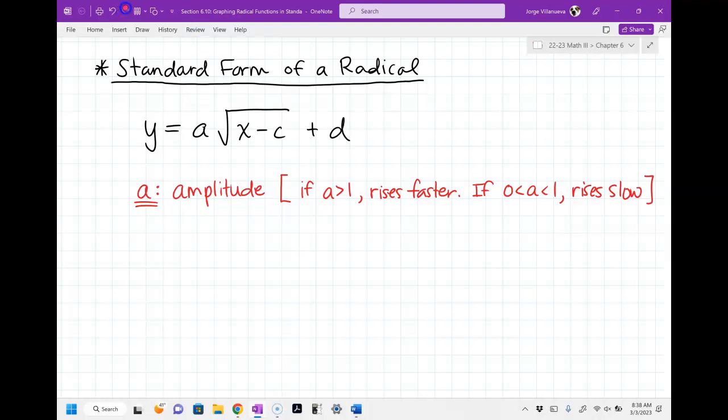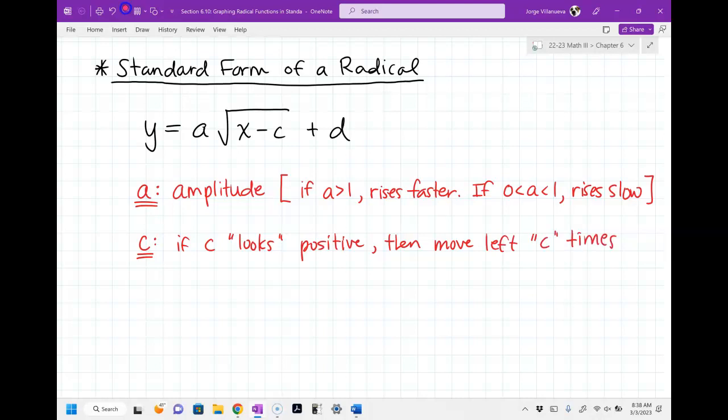Now, part C. If C looks positive, then move left C times.